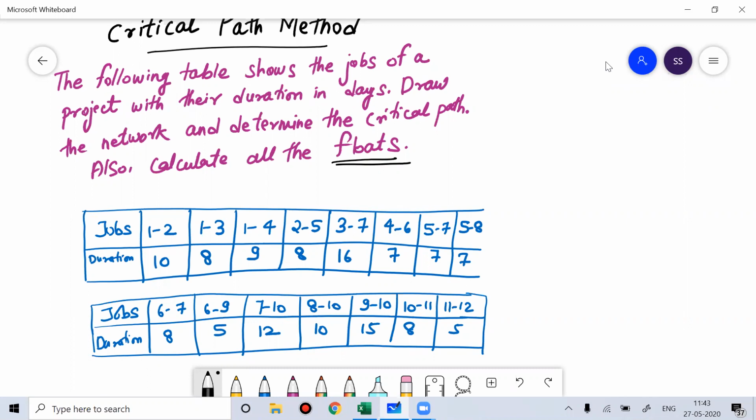Free float is the time by which the completion of an activity can be delayed beyond the earliest finish time without affecting the earliest start of the succeeding activity. And independent float is the amount of time by which the start can be delayed without affecting the starting time of any immediately following activity, assuming that the preceding activity has finished at its latest finish time.